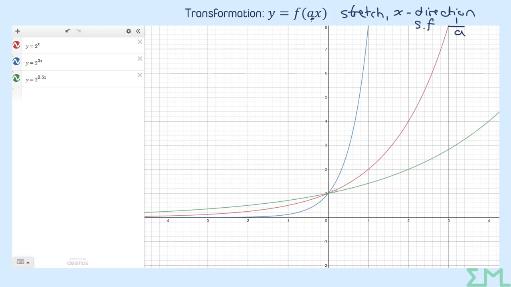But the shape's not going to look massively different. What we are noticing here though is that when we transform inside, because this point here has x coordinate 0, it does not change for any of these transformations, because we are affecting x coordinates only here, and multiplying 0 by any number that you like doesn't change it. It still remains a 0, so we are fixing this intersection point for all these transformations.